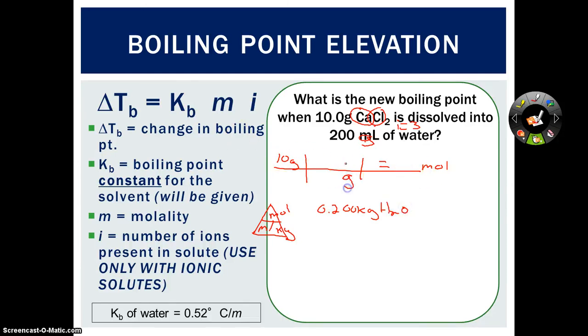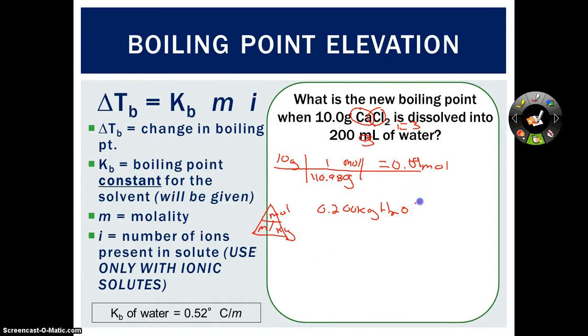10 grams converting to moles. Calcium is 40.08 plus 2 chlorines that are each 35.45 gives me a molar mass of 110.98 grams per mole. 10 divided by 110.98 gives me 0.09 moles.